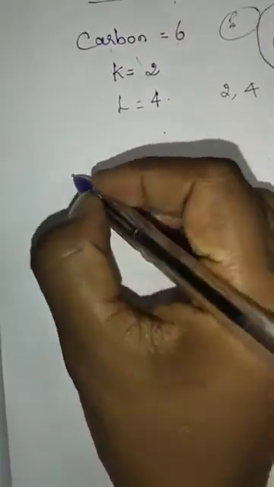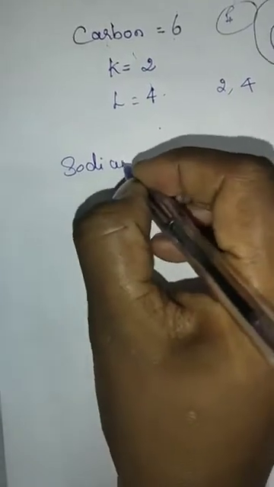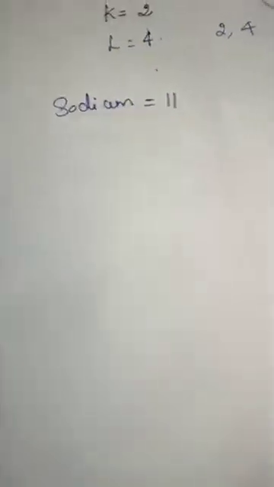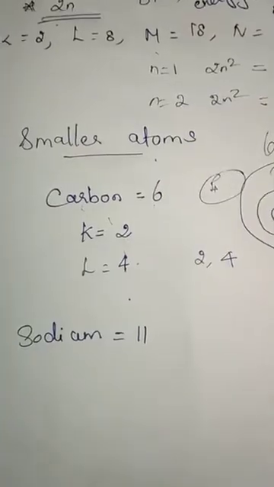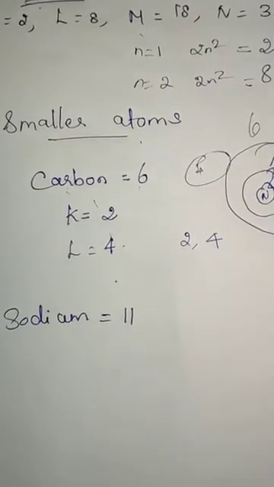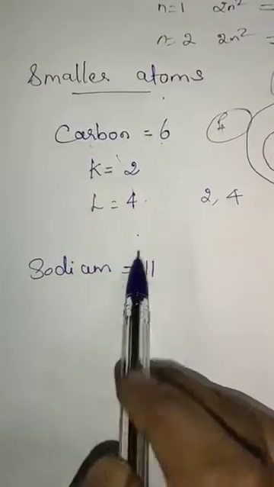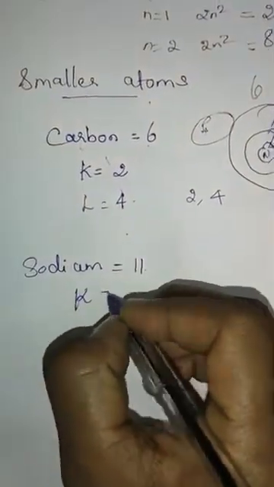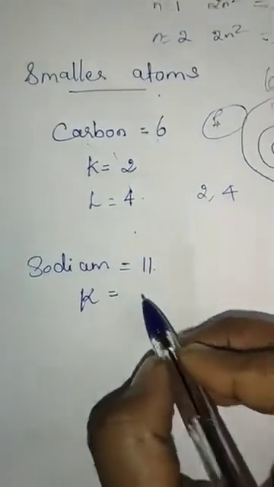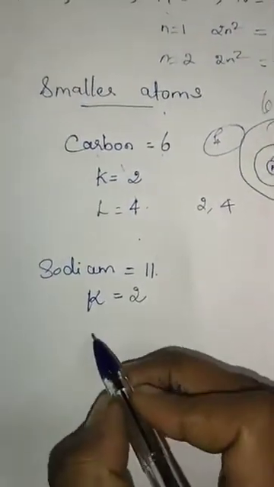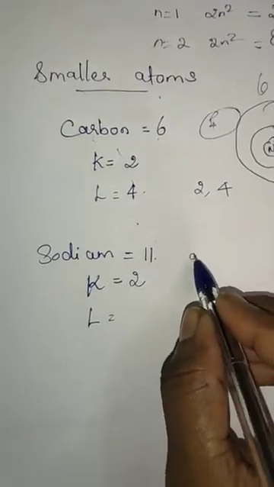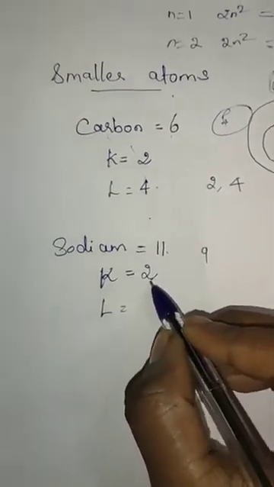For example, sodium, atomic number 11. Sodium has a total number of protons or electrons of 11. Now, K can hold how many electrons, students? 2. Remaining is 9.